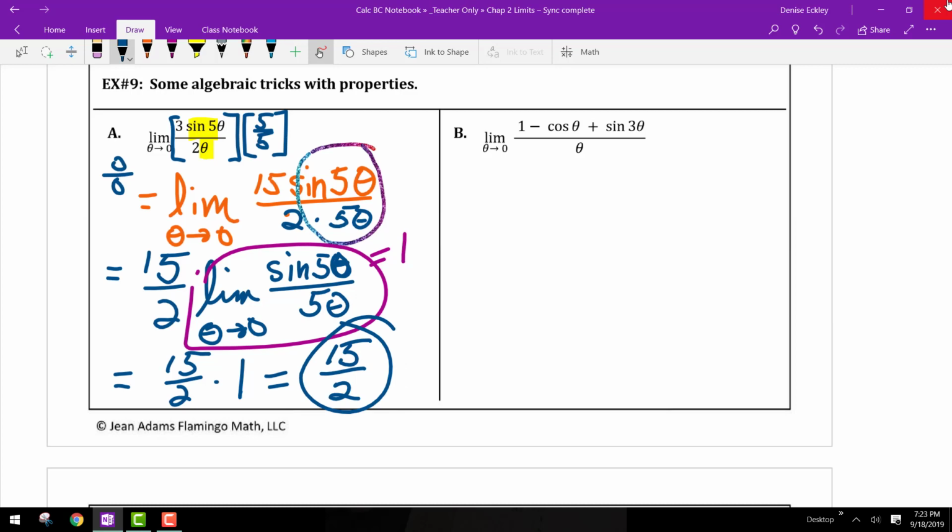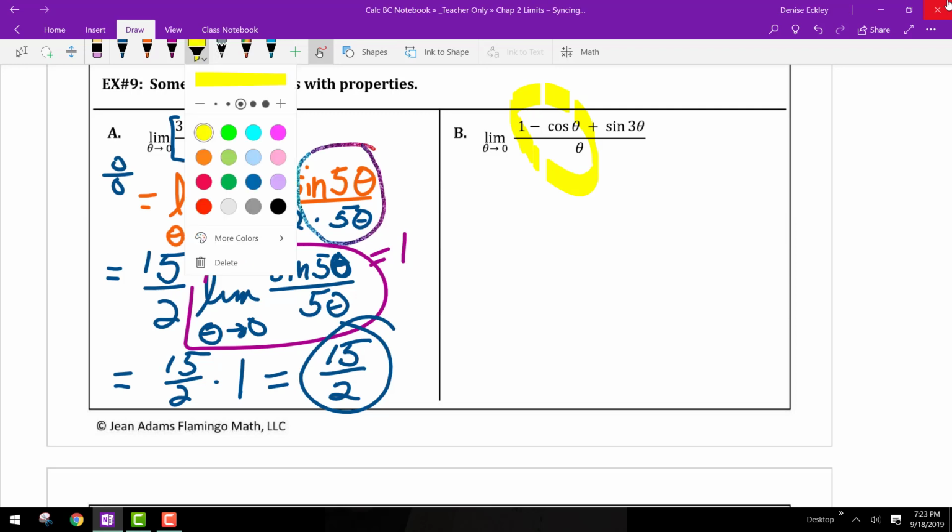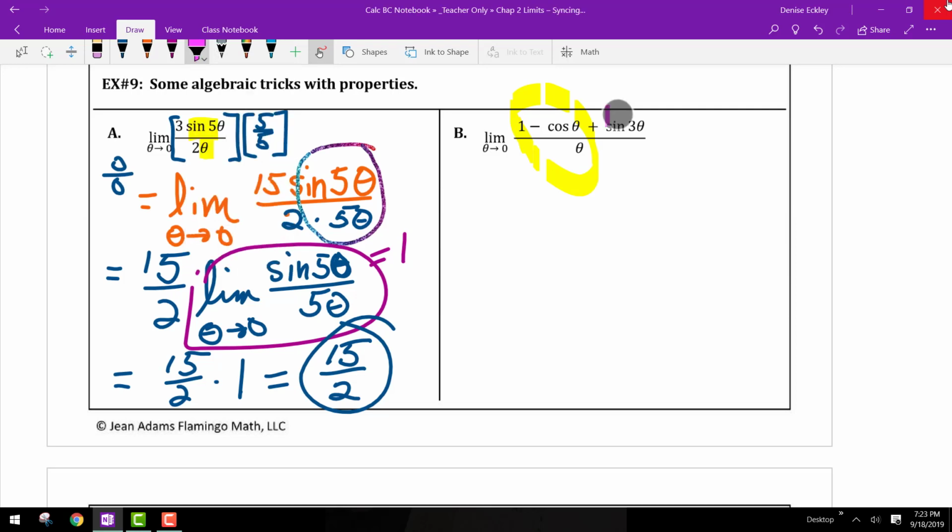Now the next example. I know I have an extra trig function here, but if you look at this part, I have one of the special trig limits, and if you look at this part, I have the other special trig limit.